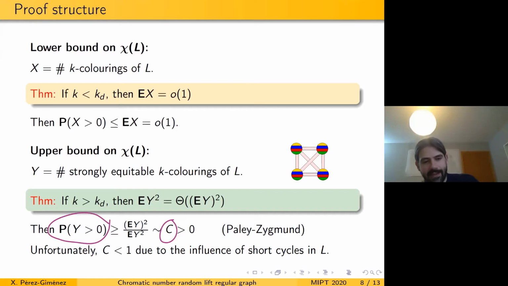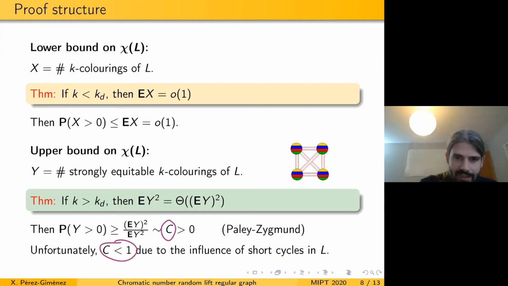But that doesn't show that you can color with K colors with probability going to 1, but with probability bounded away from 0. Unfortunately, this constant is strictly less than 1. We would like to boost that to 1, but that's not possible, because of the influence of short cycles in the random lift.